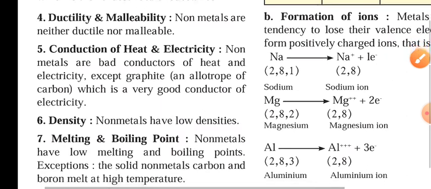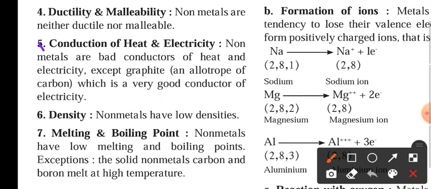For conduction of heat and electricity, they are bad conductors of heat and electricity. The exceptional case is graphite, an allotrope of carbon, which is a very good conductor of electricity. Graphite is the exceptional case. The rest of the non-metals are bad conductors of heat and electricity.